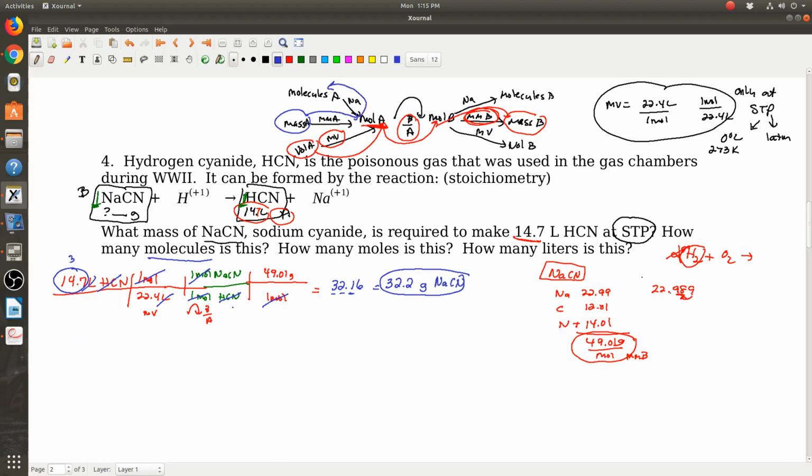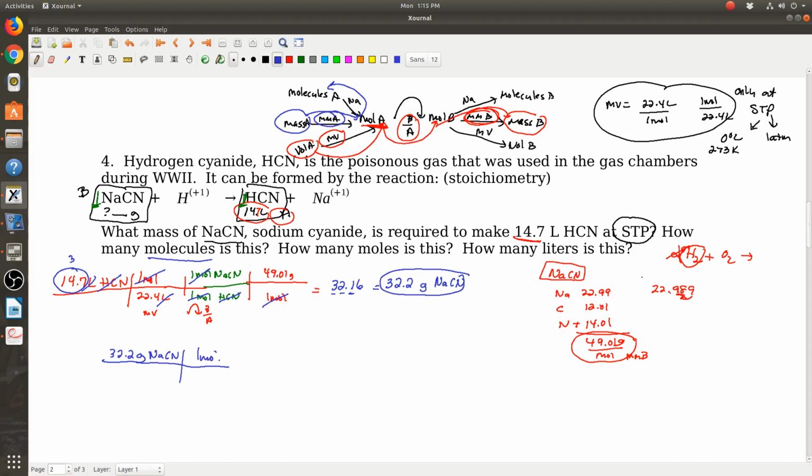All right. 32.2. Okay. I'm trying to figure out where I am on my own paper. All right, so 32.2 grams of sodium cyanide. I'm going to turn it into moles using the molar mass of sodium cyanide, which I already calculated.